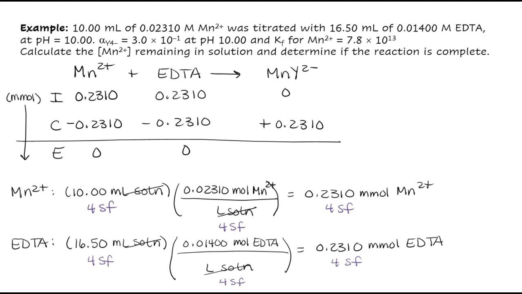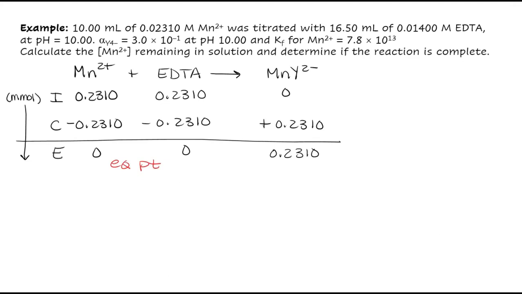Manganese and EDTA both go to 0, and the complex goes to 0.2310. If we evaluate the E row, because both reactants go to 0, this tells us we're at the equivalence point.